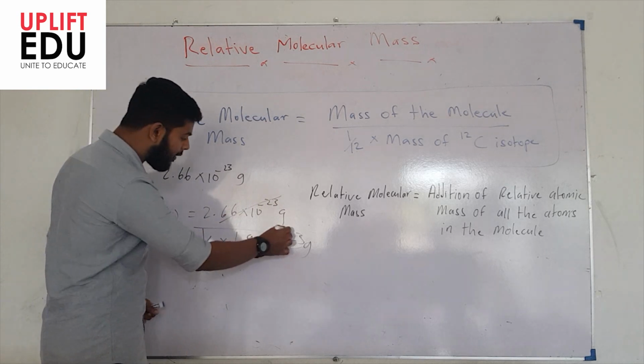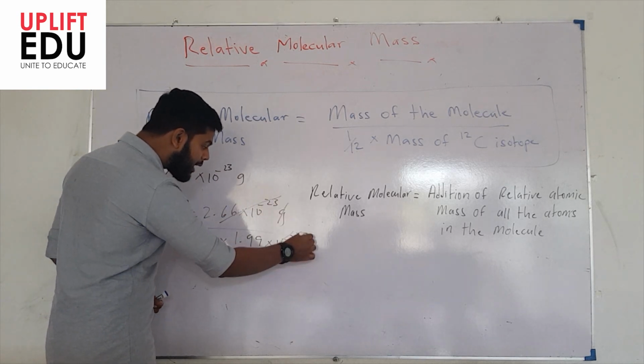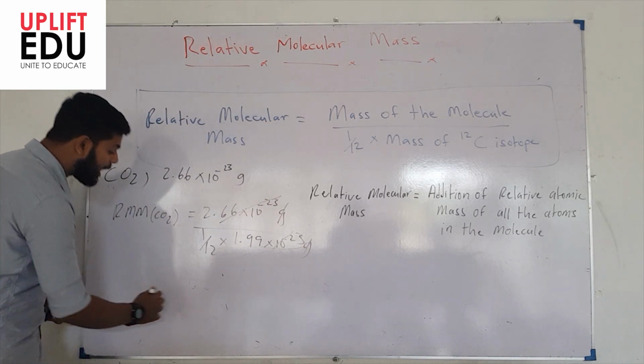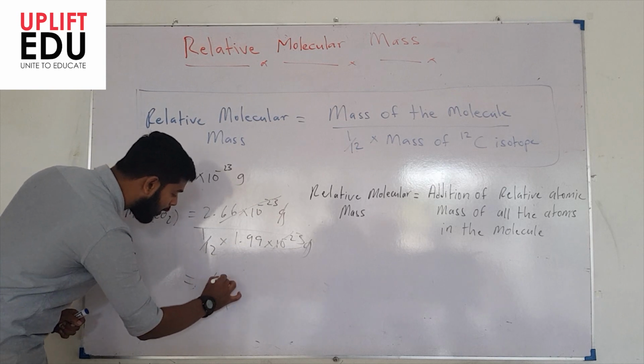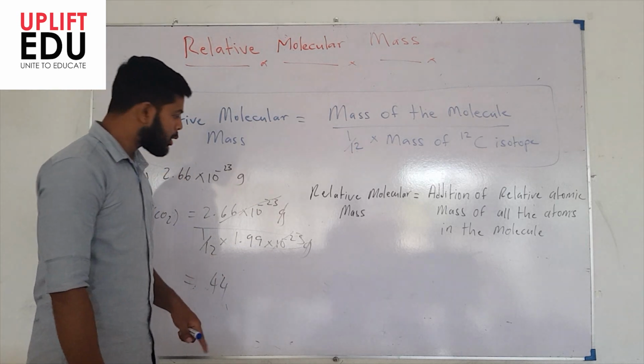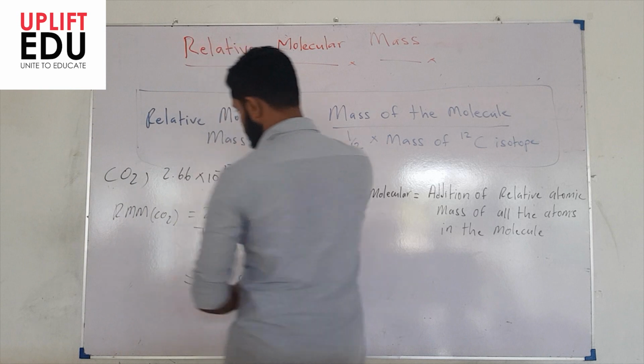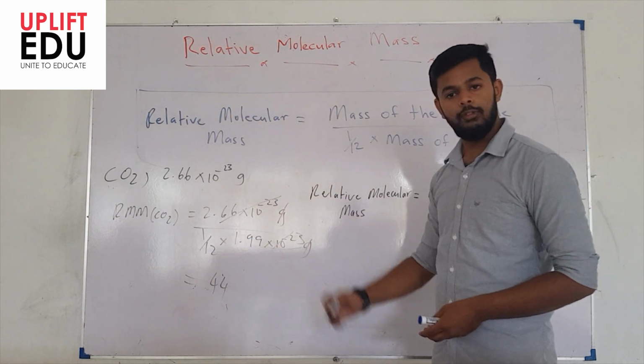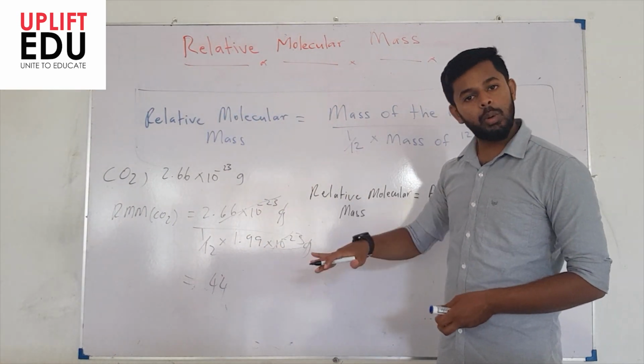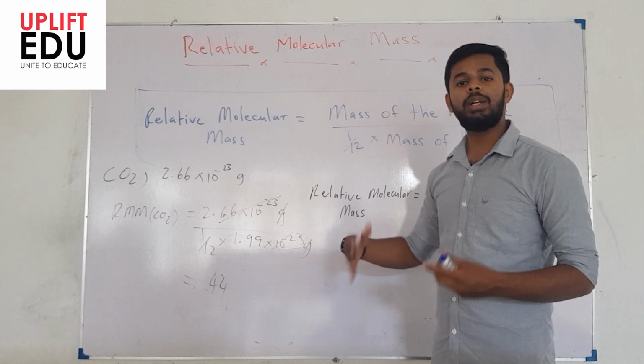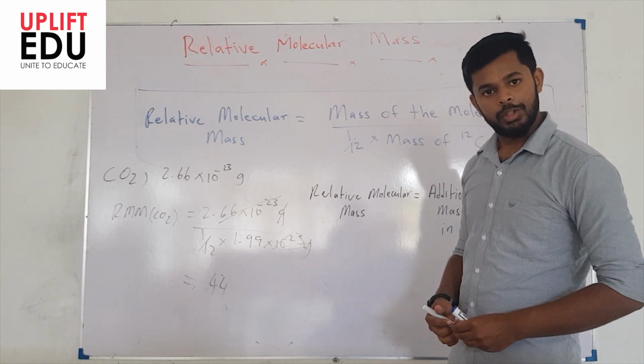The powers of 10 cancel each other, and the units cancel each other. As a calculated value, we get 44. So the relative molecular mass of carbon dioxide is 44, and similar to relative atomic mass, here too it does not bear a unit.